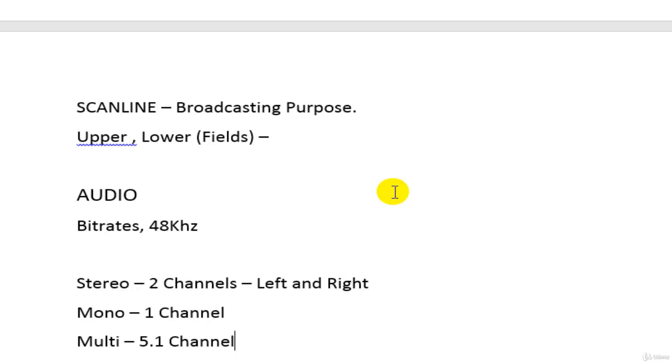Now coming to multi, it would have audio data for 5.1 channels. Generally, there are 5.1 home surround systems and 5.1 digital speakers. If you install those setups or speakers, they would give you audio in a 5.1 surround system.